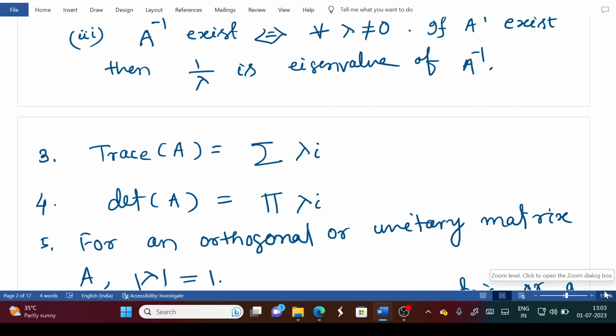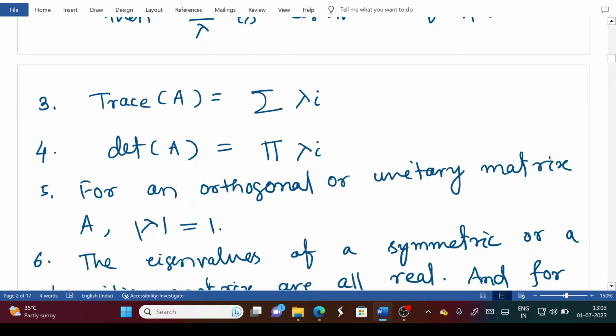The sum of the eigenvalues of a given matrix represents the trace of the given matrix. Similarly, the product of the eigenvalues of a given matrix is the determinant of the given matrix.